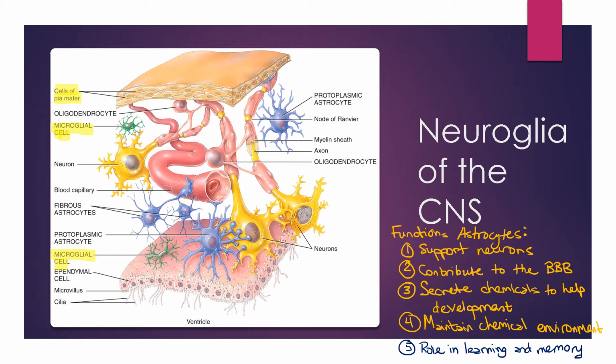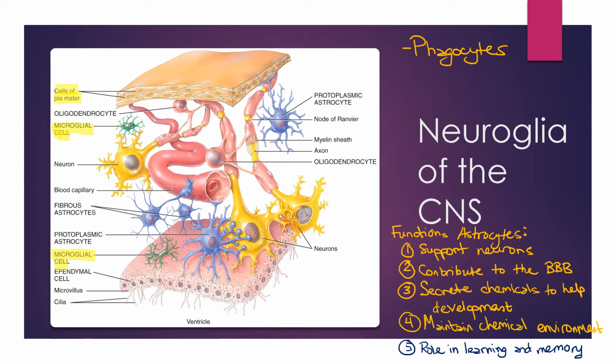Okay, so microglial cells, sometimes these are also called microglia. And these are very small cells with very slender processes. They give off lots of little spine-like projections. And essentially, microglial cells function like phagocytes.